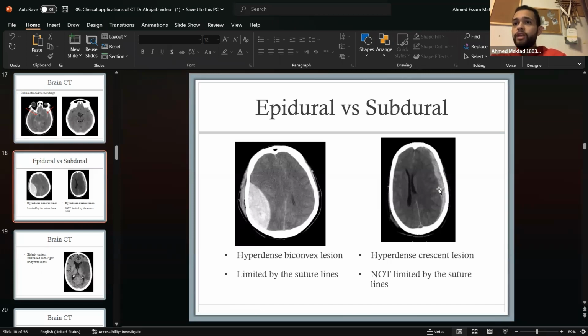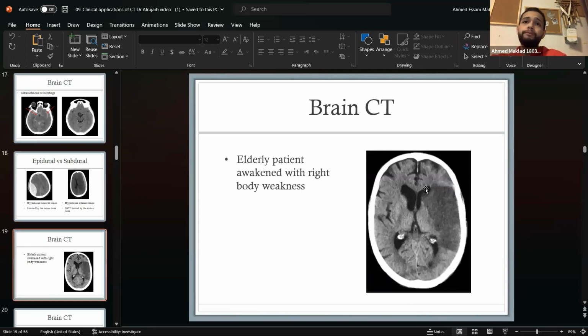When the blood is fresh, it's bright. You can see that it's bright right here because this is fresh blood. This is acute epidural hematoma, and this is acute subdural hematoma. If you get a chronic subdural hematoma, this line is going to be dark, because old blood appears dark. So keep that in mind.